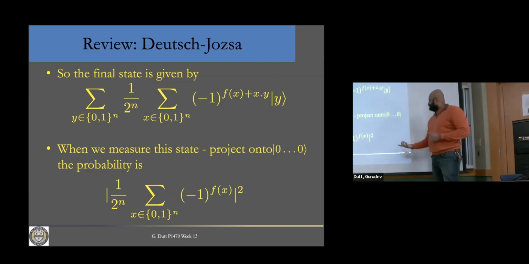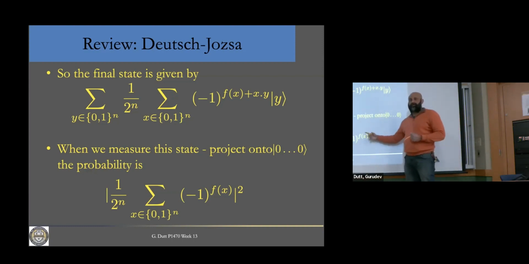Well, as you can see from this pattern, if f(x) is the constant function, then f(x) equals f(0), which might be 0 or 1, it could be either. But whatever it is, this pattern now is a constant for every term in the superposition.